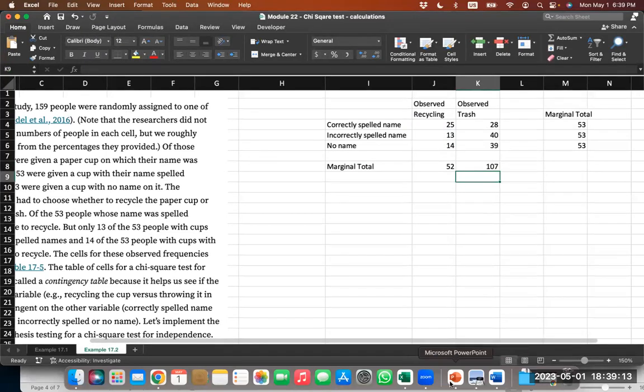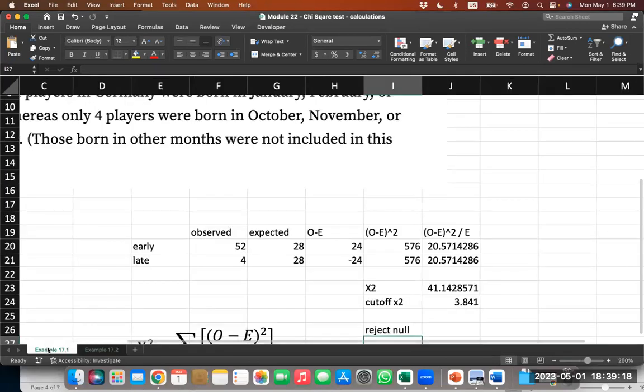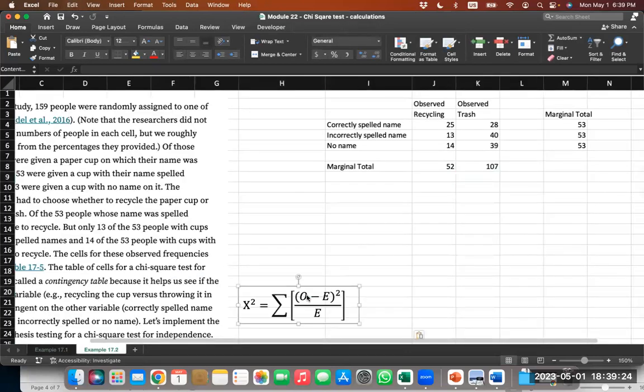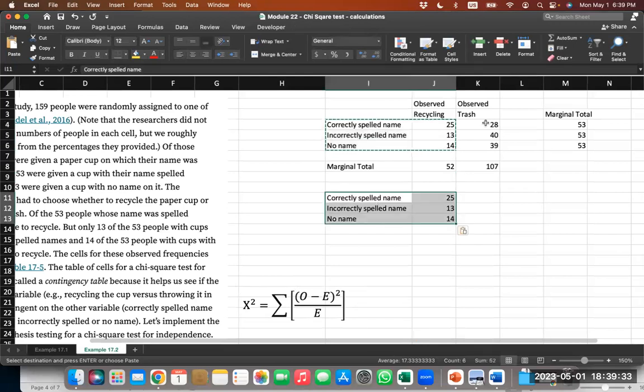And this is done with a chi-square. So if we are now thinking about this in more detail, we have the chi-squared, we have our formula right here. So we know that observed, so this data we have already, right? So then we have our trashed group.